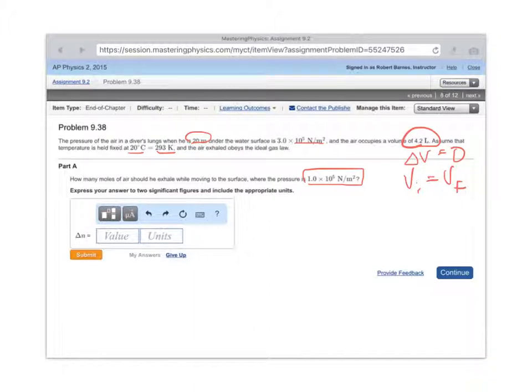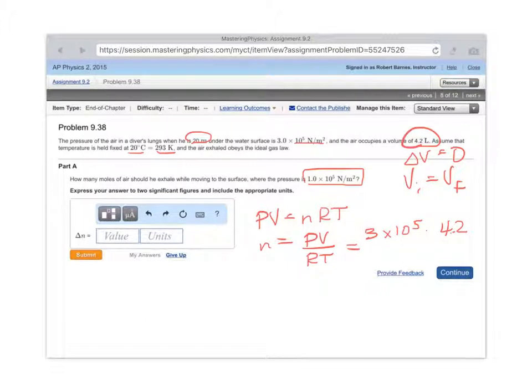Okay, so since PV equals nRT, then n is going to be PV over RT. And this is 3 times 10 to the 5th pascals times a volume of 4.2 liters. We need this in cubic meters.